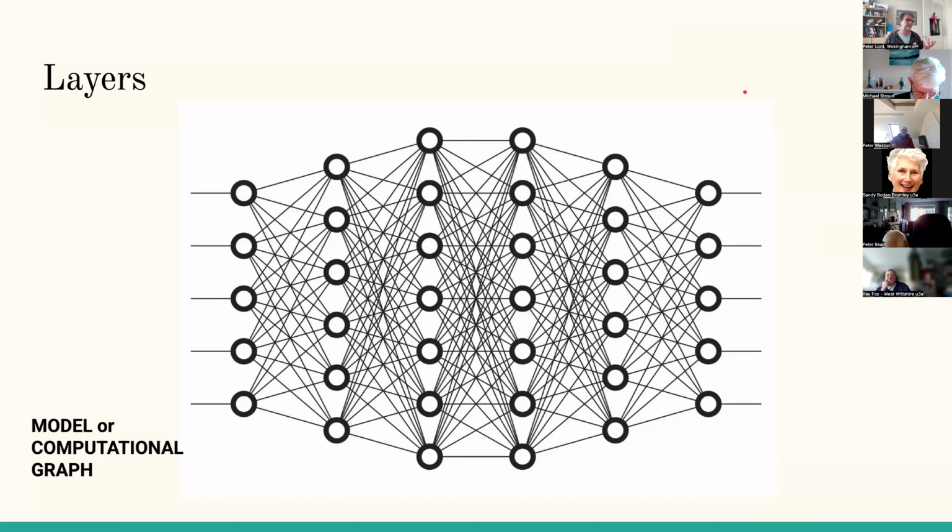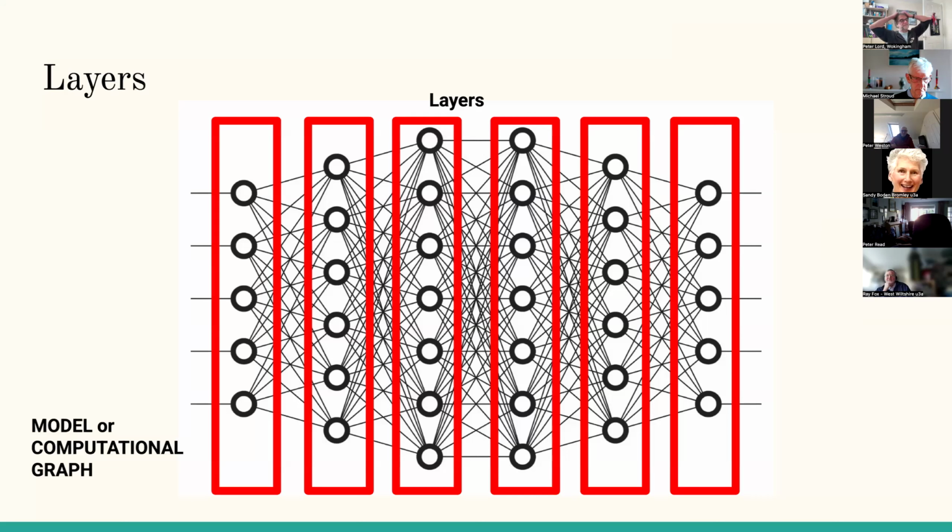And if you're a boffin designing these, because there's lots of choices to make, what you end up doing is not thinking in terms of individual neurons, but in terms of layers.